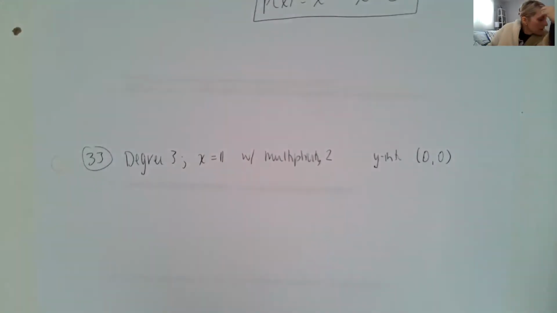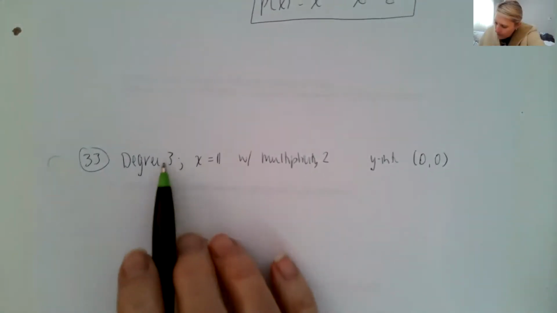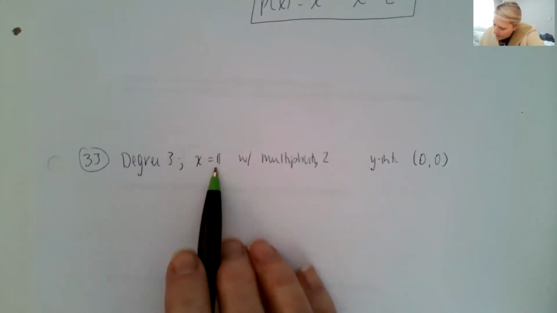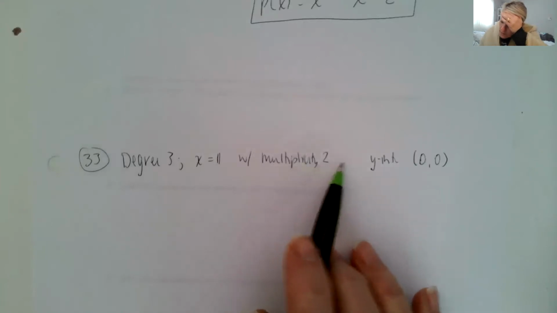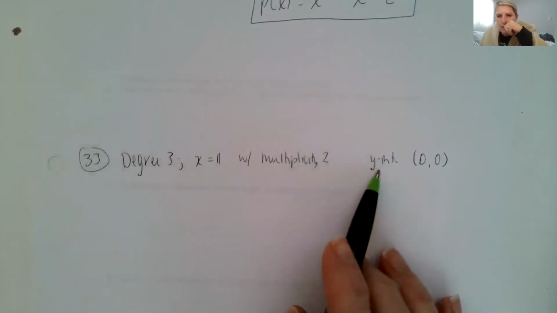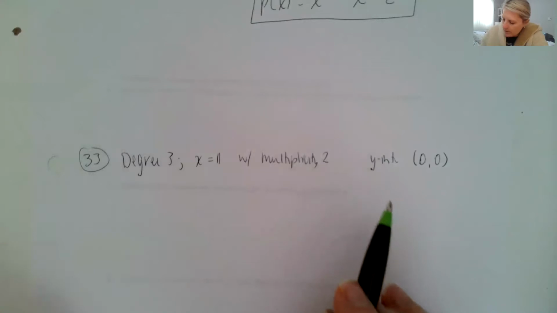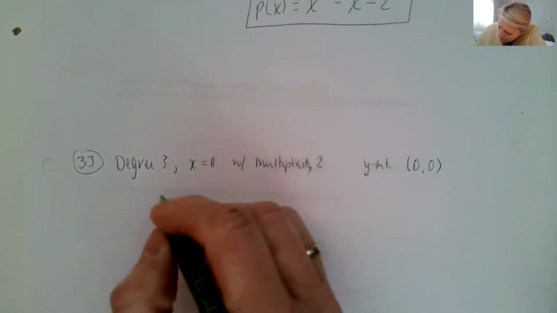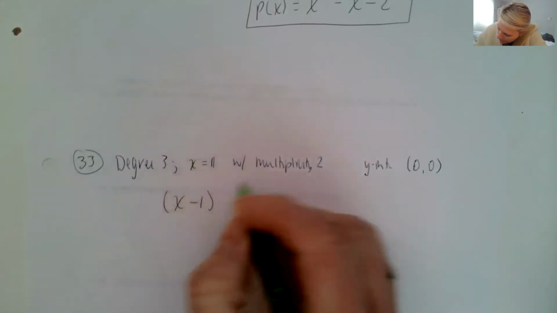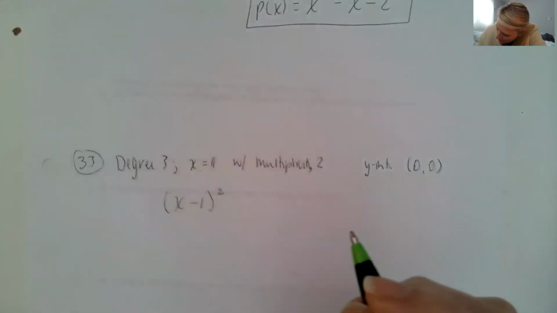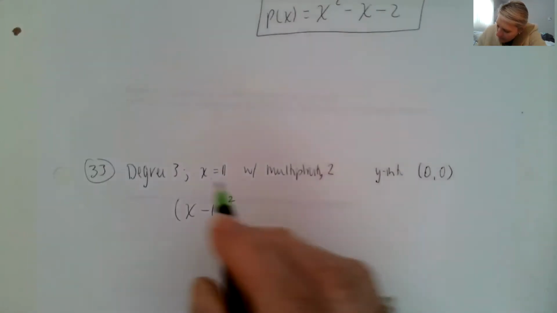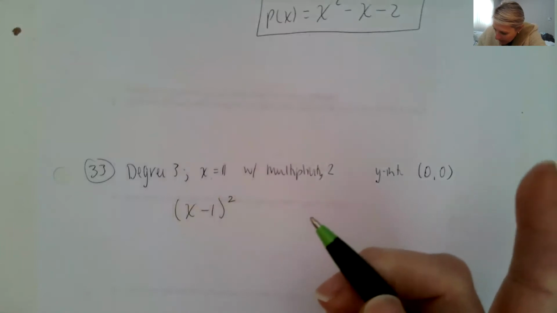Let's look at 33. It says it's degree 3, x equal to 1 is a zero, and it has a multiplicity of 2, and then we also know that the y-intercept is at 0, 0. So let's see what we can figure out. So this would be a factor of x minus 1. It has a multiplicity of 2. It's a degree 3.